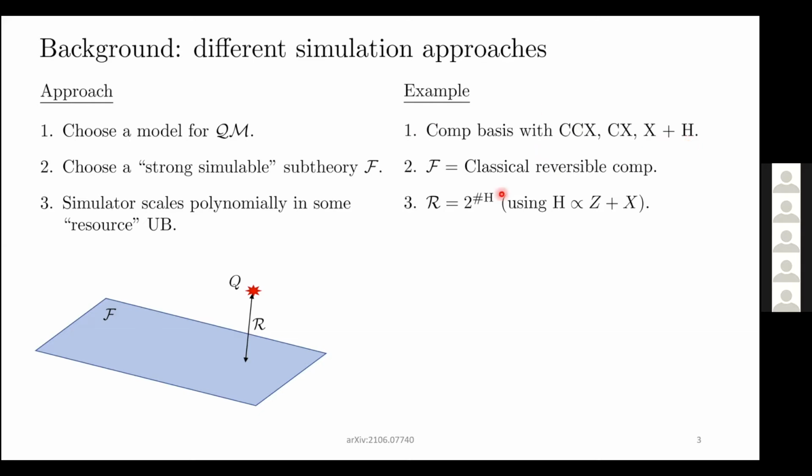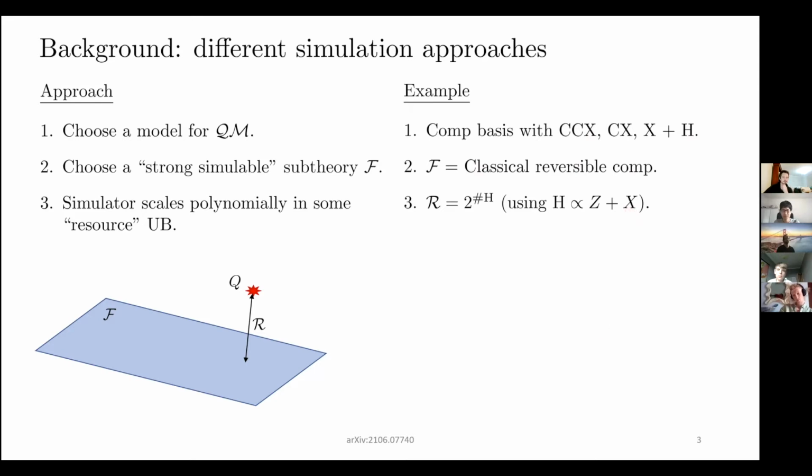This is a universal gate set, and then the free classical theory is basically reversible classical computation, since the Toffoli can be used to construct reversible AND and NOT gates. And then the resource becomes 2 to the number of Hadamard gates, because you could write a Hadamard gate as a linear combination of Z's and X's.